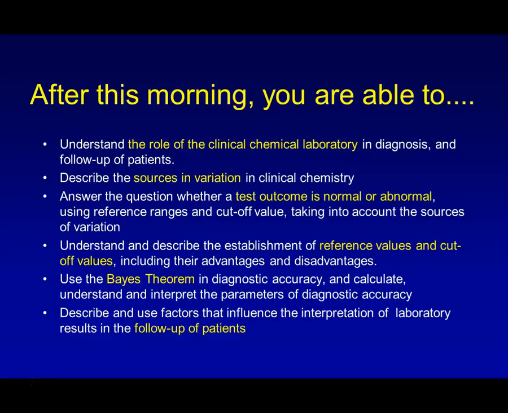You understand and describe the establishment of reference values and cutoff values, including their disadvantages and advantages. And you can use the Bayes theorem in diagnostic accuracy and calculate, understand and interpret the parameters of diagnostic accuracy. And also you can describe and use the factors that influence the interpretation of lab results in the follow-up of patients.